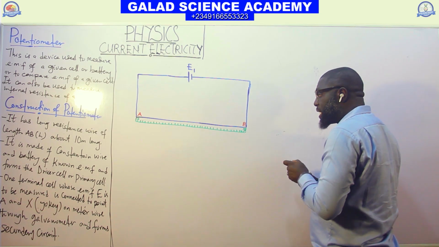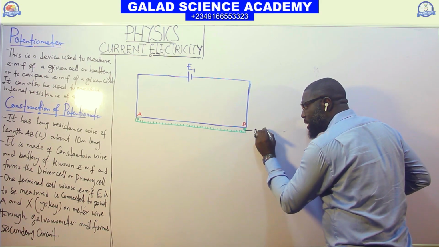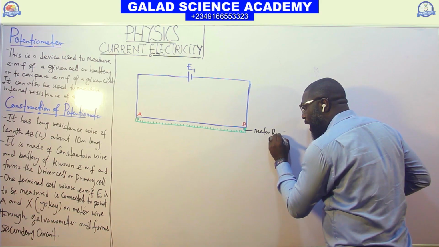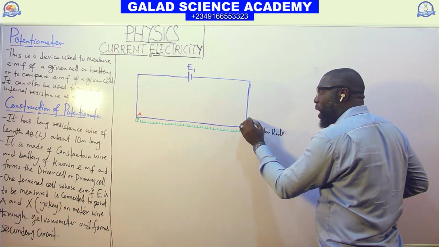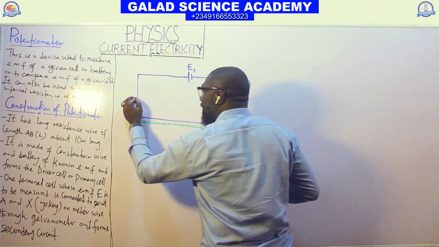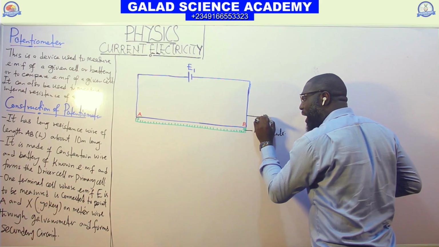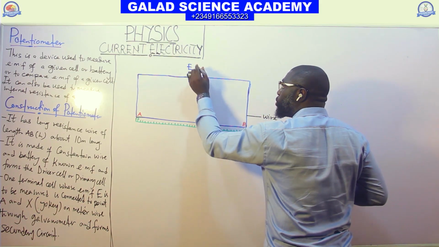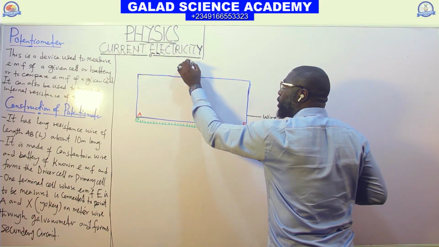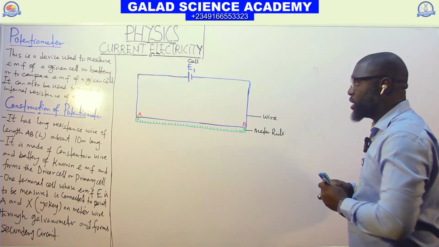This black here is the meter rule. And this blue wire represents the wire. This represents the cell. Please note that.